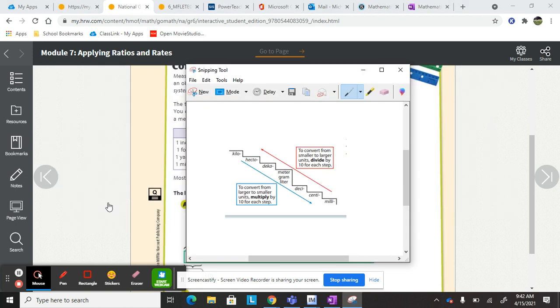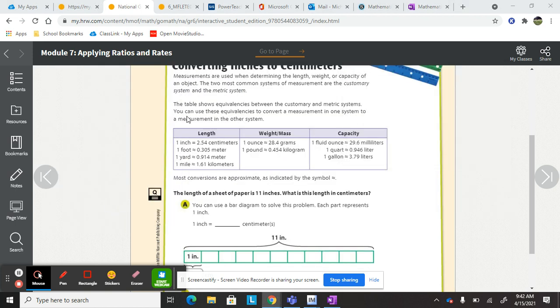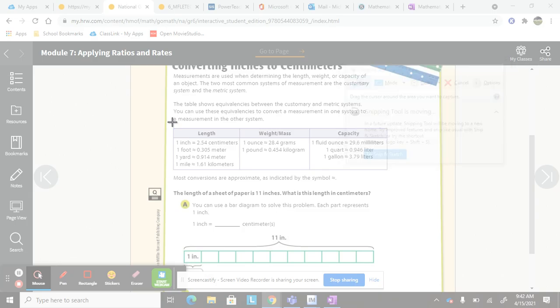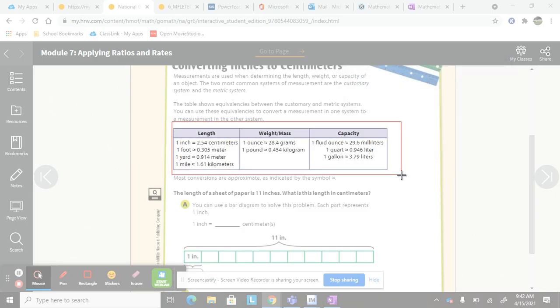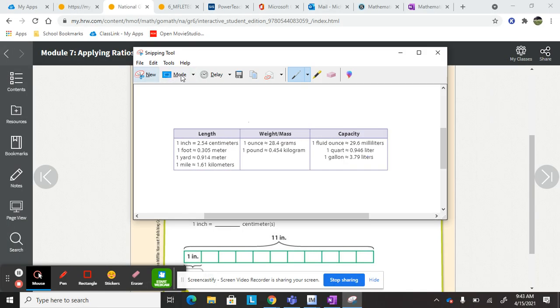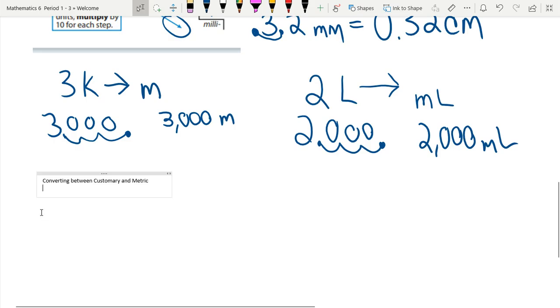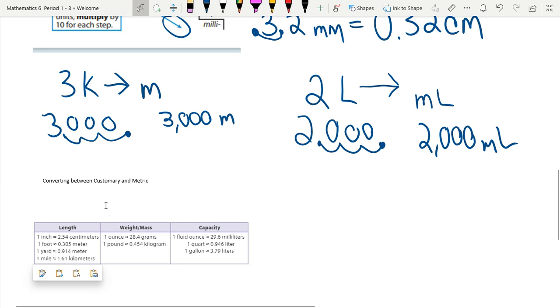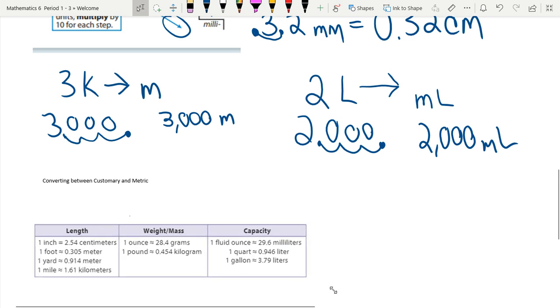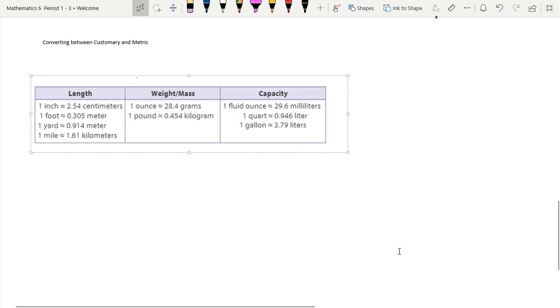So I'm going to copy this chart into a OneNote right here. Now, this is an approximation, not as exact as maybe Google would have it.